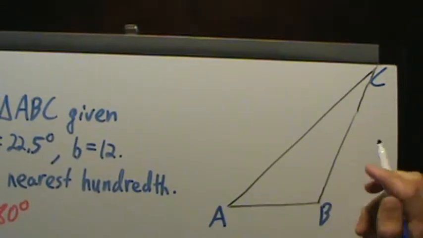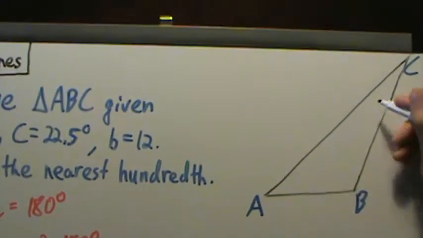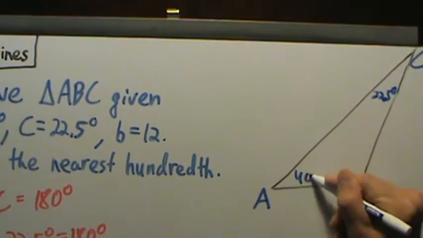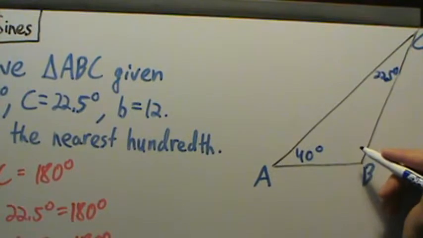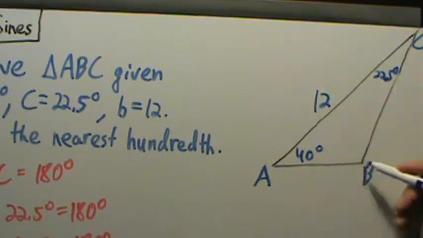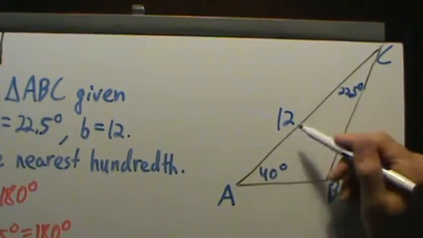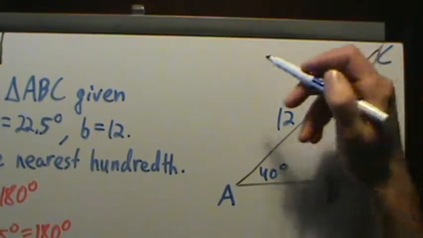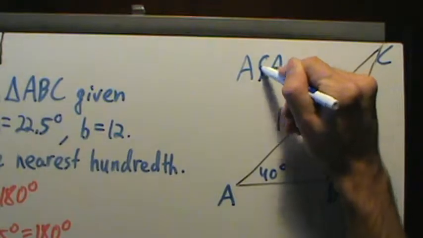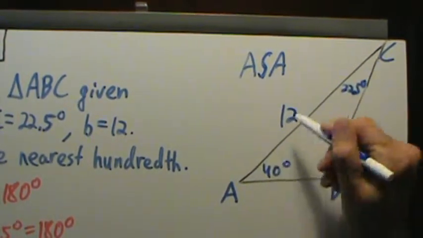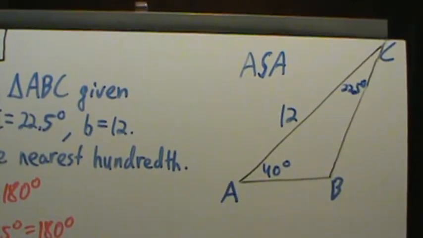Let's label first what we were given: 22.5 degrees for angle C, 40 degrees for angle A, and side little b, which is across from angle big B, which is 12. So we were given angle, angle, and the side in between them. That's an ASA triangle. Remember, we can use the law of sines for ASA triangles: angle, side, angle.